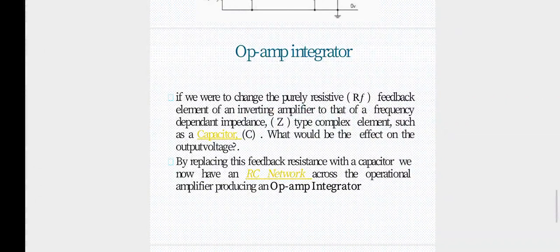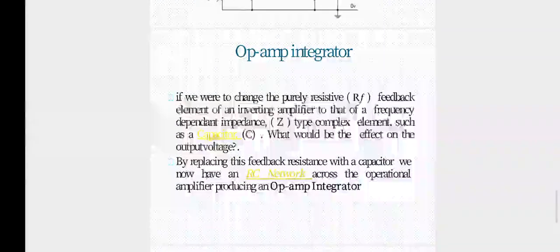Another example is the op-amp as an integrator. If we change the pure resistance feedback element of the inverting amplifier to a frequency dependent complex element such as a capacitor, what would be the effect on the output voltage? Generally the feedback is a feedback resistance RF.